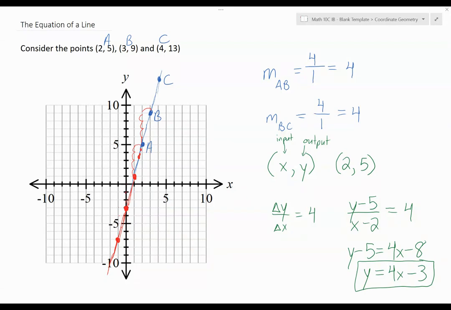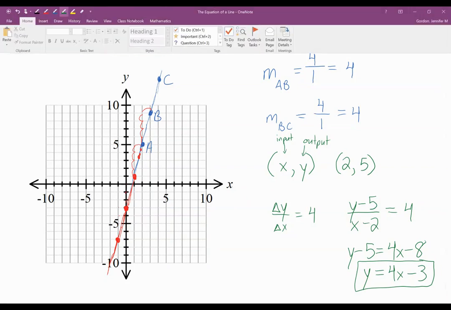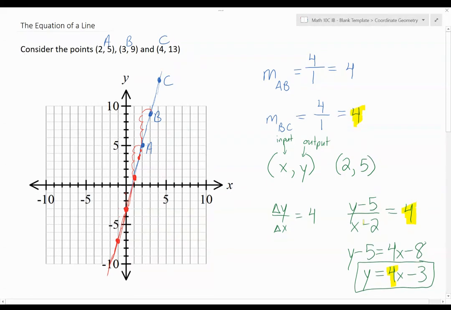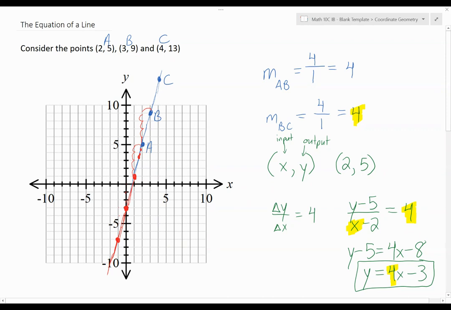Well, 4 times 4 is 16, minus 3 is 13. So this equation works for all the points on the line. And you may notice, in fact, that this 4 here matches the slope. And it will always, because I had 4 times x here. So that coefficient there is the slope.